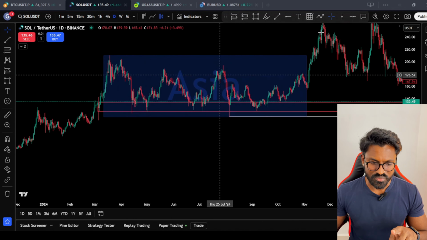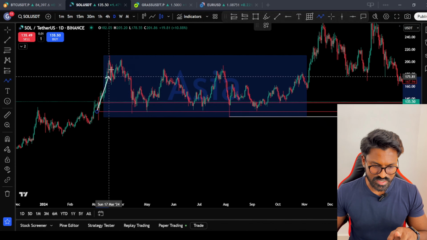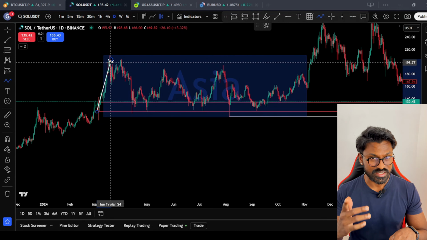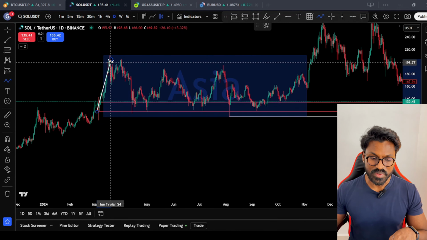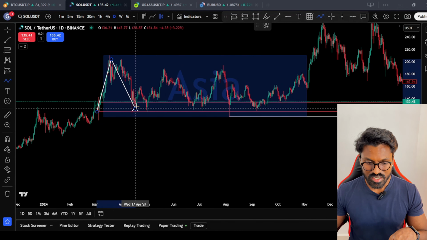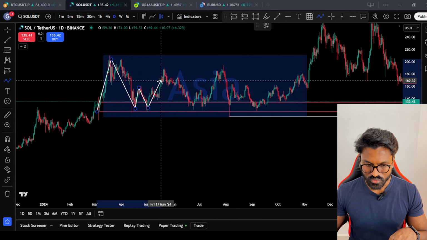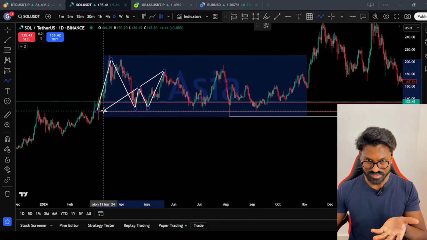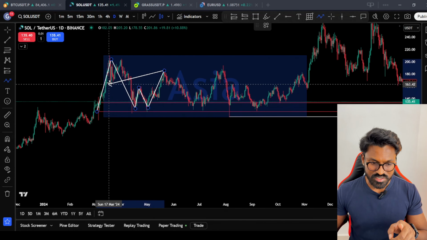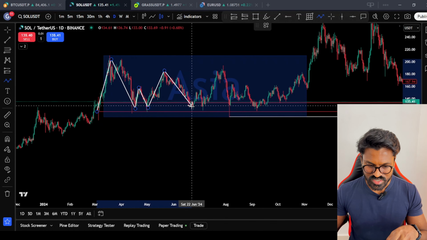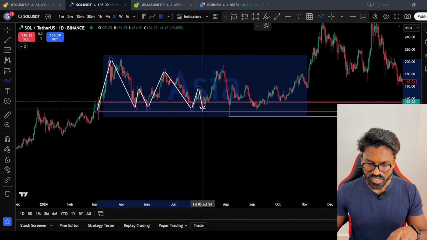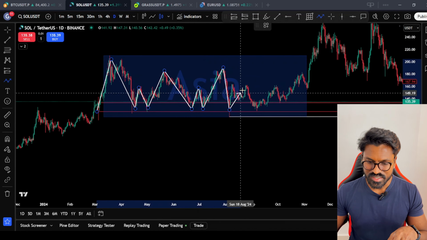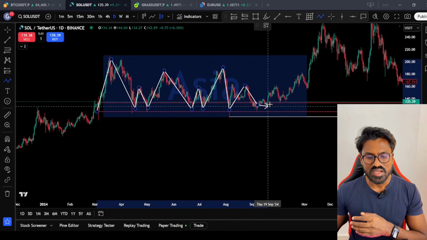Since this order block caused a move towards the upside, our expectation is that whenever price comes back into this zone, we should be seeing a move towards the upside, because this was the initial order block that caused price to move up. So you see, whenever we go back in, push up, in, up, in, and up, it's just repeating itself.